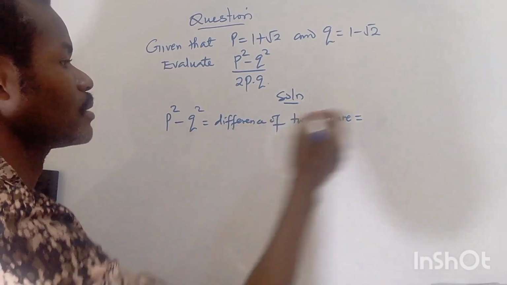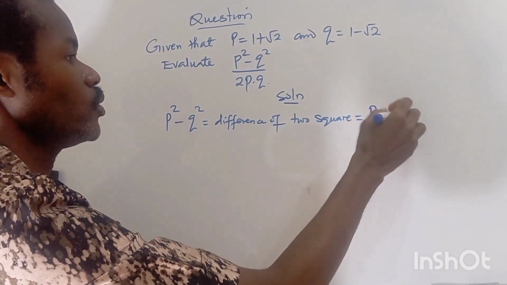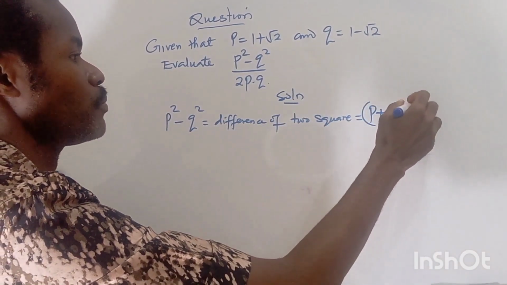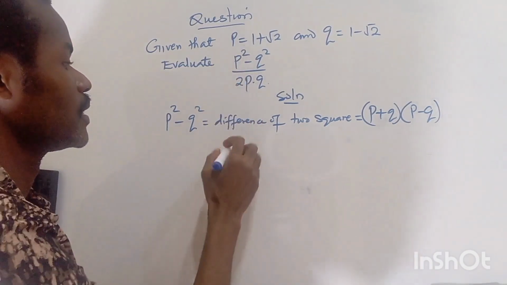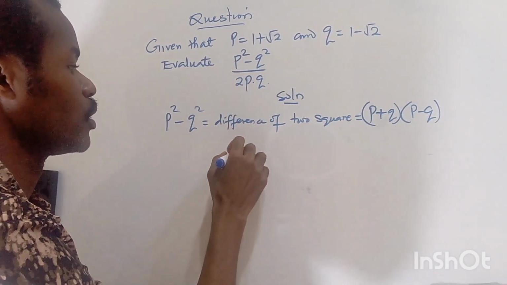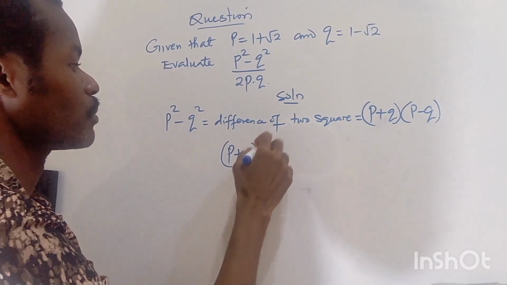And that means we can simply write it as p plus q, multiplied by p minus q.